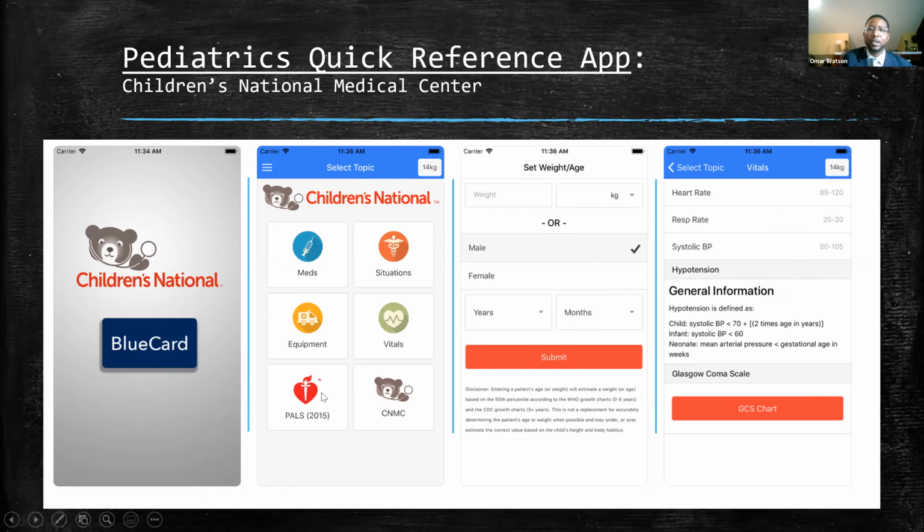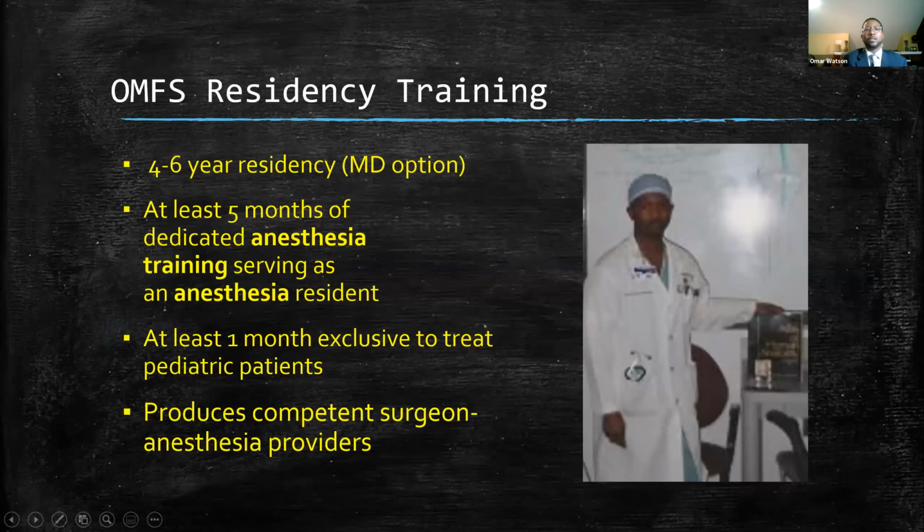All right, so oral and maxillofacial surgery residency training is usually 4 to 6 years of residency with an MD option. When I trained, I had a mandatory MD at Detroit Receiving Hospital and Wayne State School of Medicine. We do at least 5 months of dedicated anesthesia training, serving as an actual anesthesia resident.